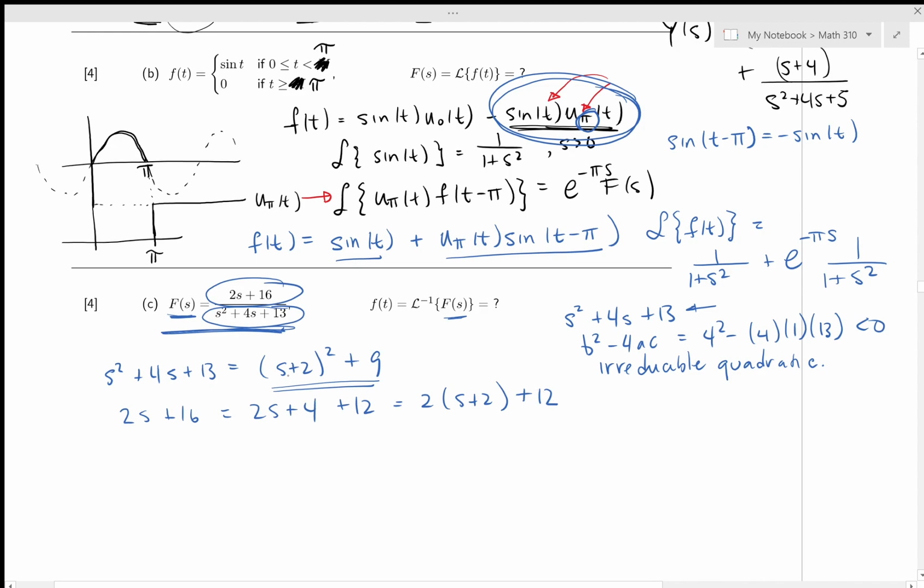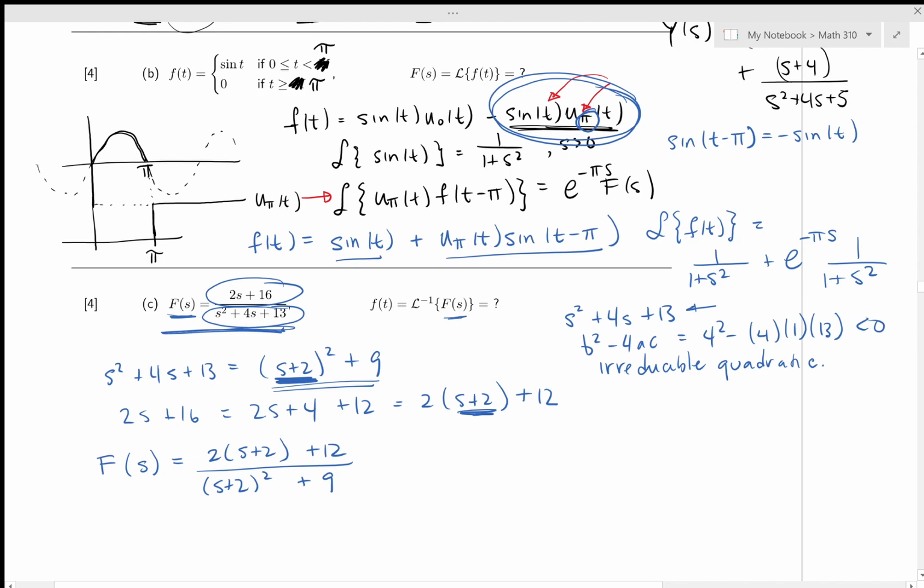I did that because I saw this s plus 2 here. Now I'm going to rewrite the Laplace transform with my modified numerator and my modified denominator. I completed the square in the denominator, and I used that information to see how to nicely write the numerator.